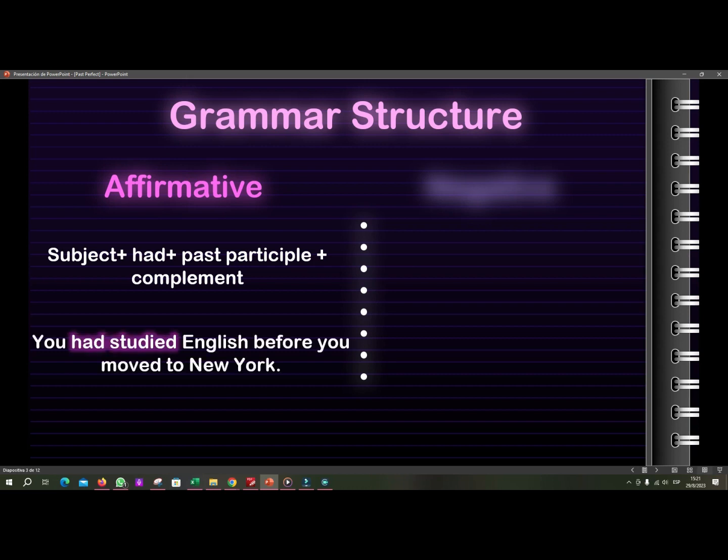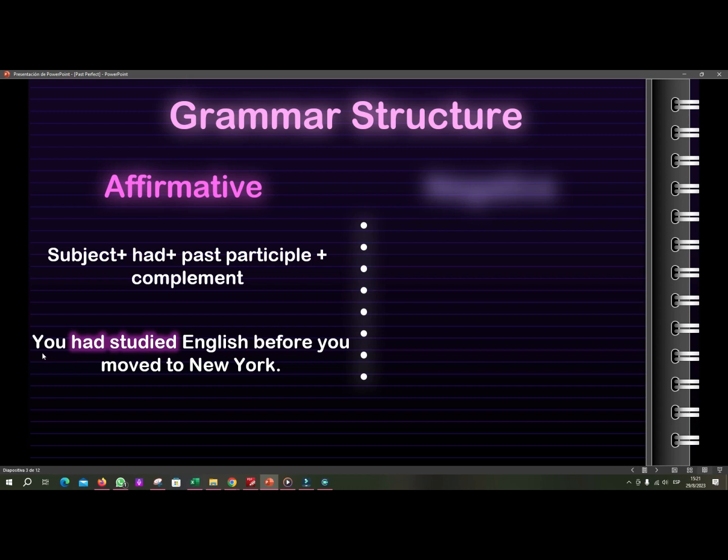For example, you had studied English before you moved to New York. So that's an action that happened in the past and finished in a certain period in the past, right?